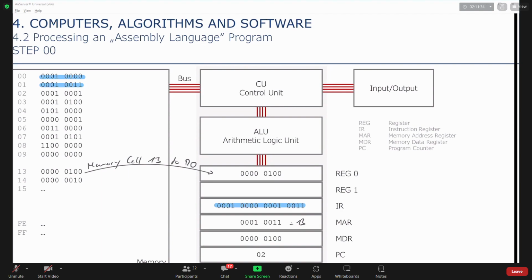And here we have the memory data register, which is our value 4. So here we have 4 and here we have 2. Okay, so here we have the command in the instruction register.